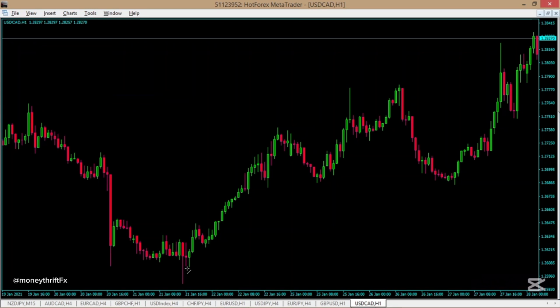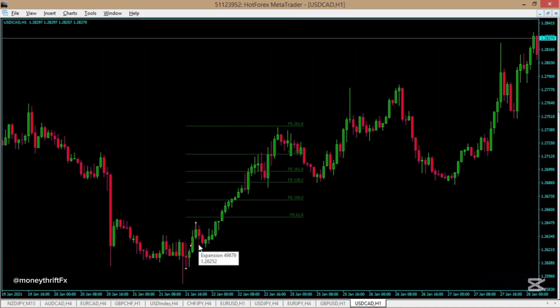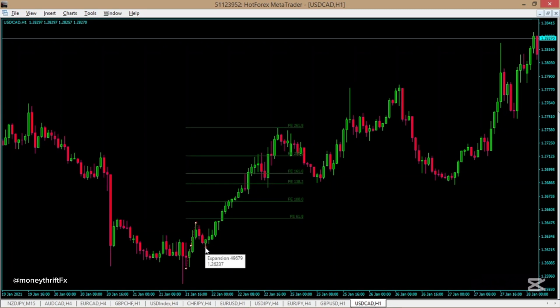It has 3 points of contact. The first point you put at the start of the trend. Let's say you had a trend move up, and then it retraced.